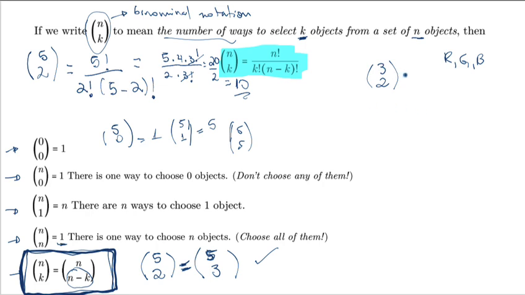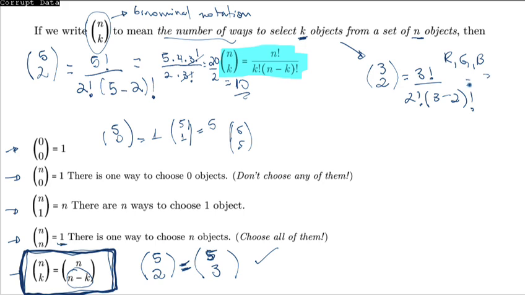But once you don't care about the sequence, then you will ultimately get into the binomial notation. Okay, so 3 choose 2. Well, we can work the formula out. So this is 3 factorial over 2 factorial times (3 minus 2) factorial.